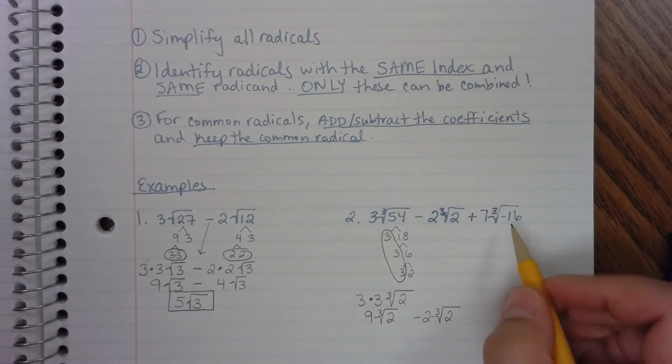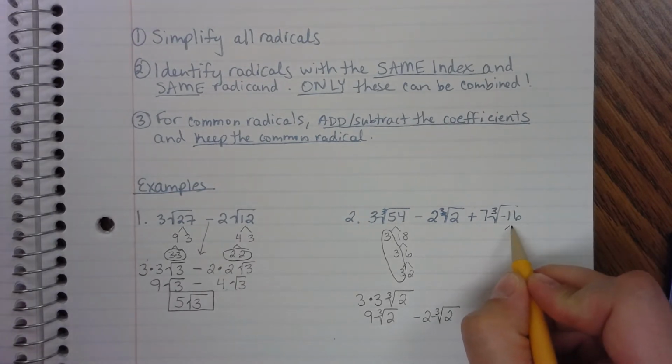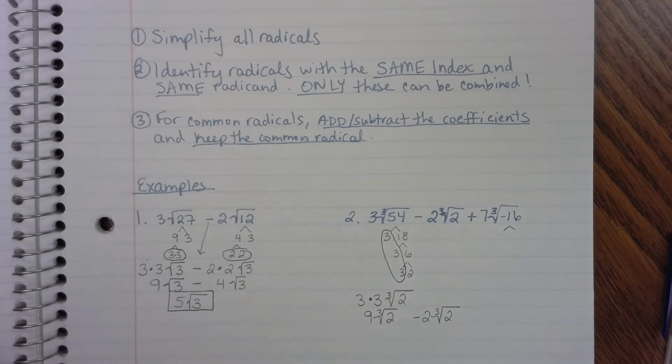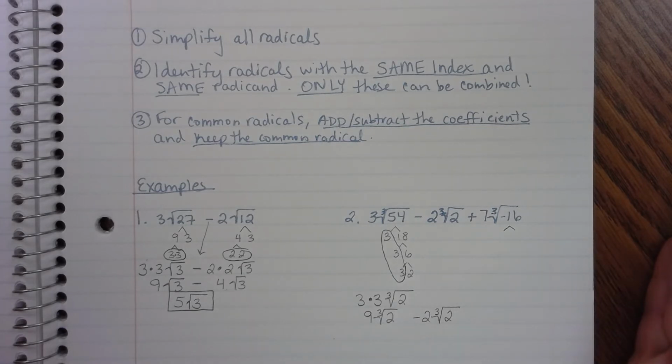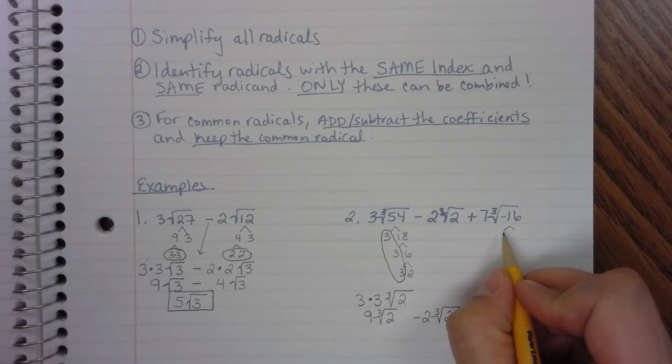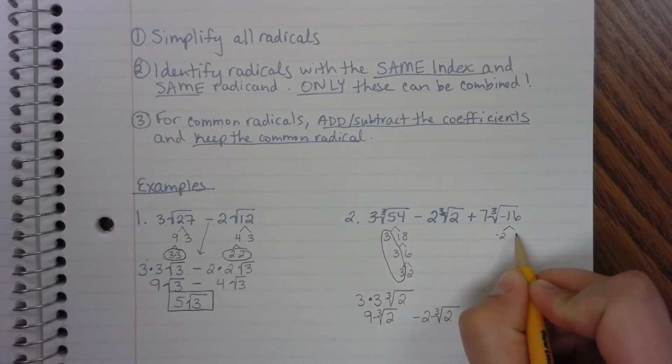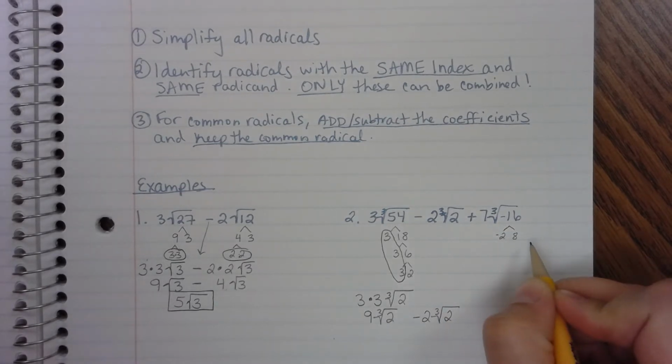The next one, we want to see what we can simplify in terms of the cube root of negative 16. Well, I know that 16 is divisible by 4, but that's a perfect square. So instead of dividing by 4, I'm going to divide by the negative 2. And so I get 8.